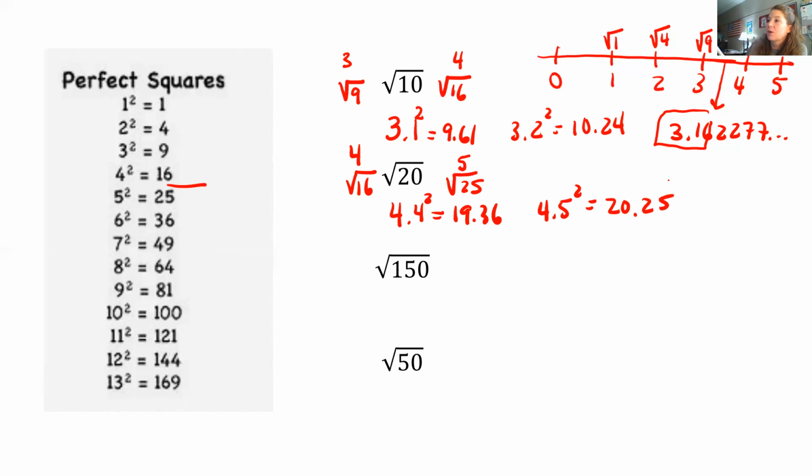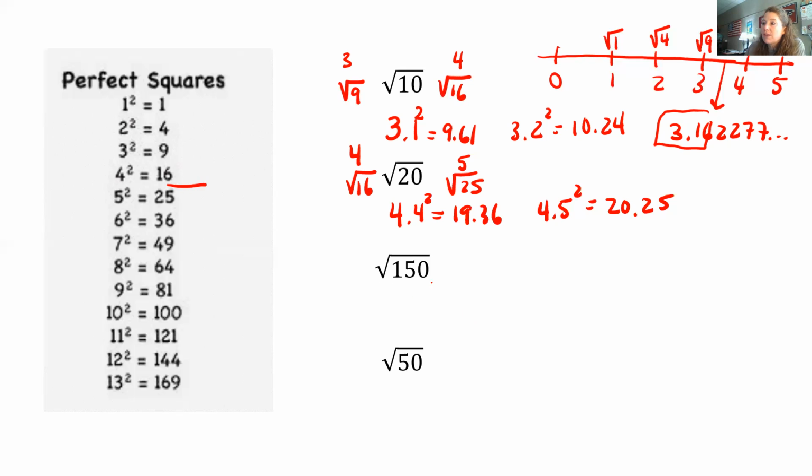So we know that the square root of 20 is between 4.4 and 4.5. And my calculator tells me that it's really 4.47, which is what we estimated it to be. So this is great practice. Like I said, even if you have a calculator, you should be able to approximate the square root of non-perfect squares.